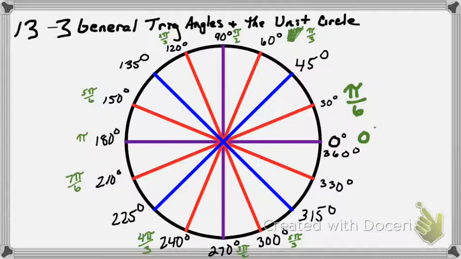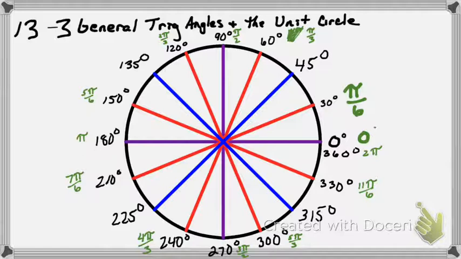How many sixths? 11/6, and that does not reduce, so it's 11 pi over 6. And then 360 would be 12/6, which is what? 2 pi.